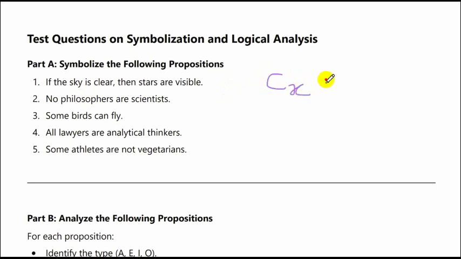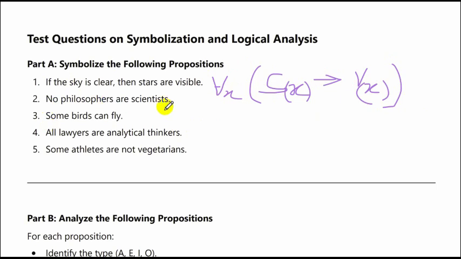If CX, then it implies stars are visible. Visible is the more appropriate one. If sky is, or we can write SX. SX would be better. Sky is clear, then it is visible. Because this will be valid for all, and this is an implication, it comes under the universal quantifier. So we can write it like this, because it's a universal quantifier.